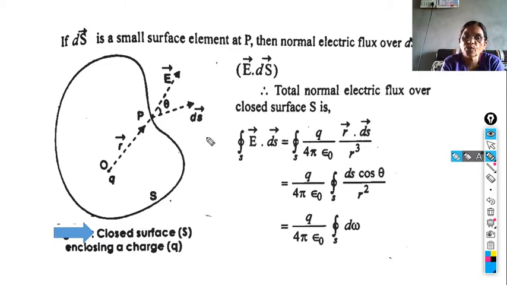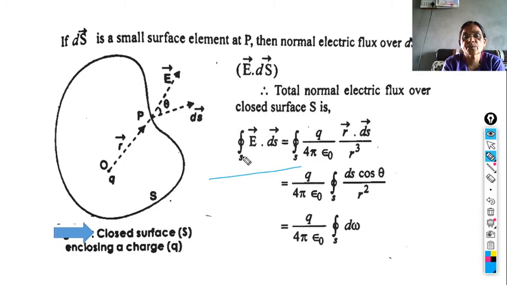Then we have to calculate the normal electric flux over the small surface element ds. It is given by E bar dot ds bar. Therefore, the total normal electric flux over closed surface S is given by the following expression.